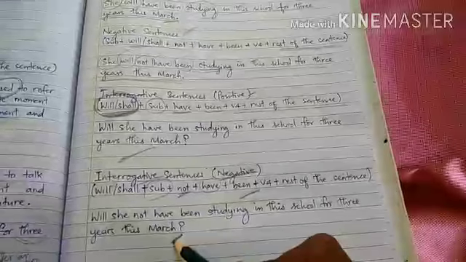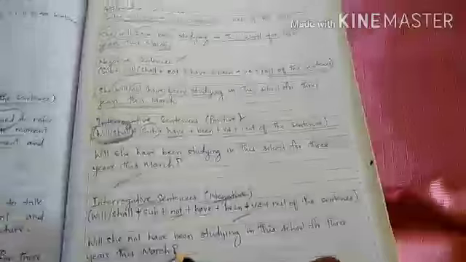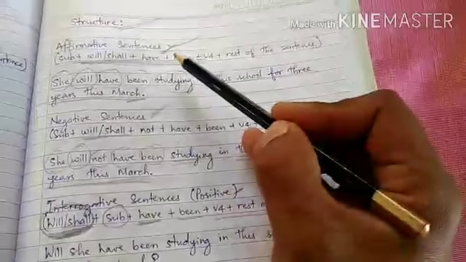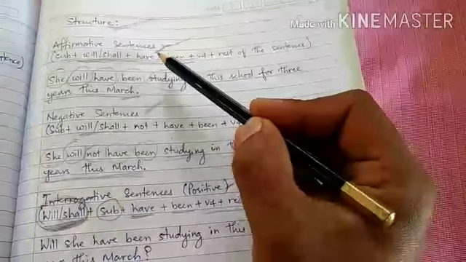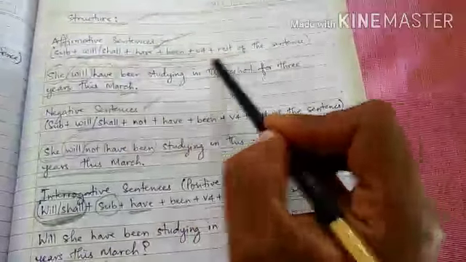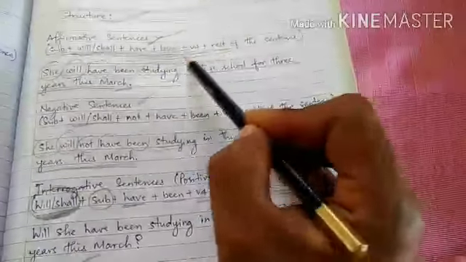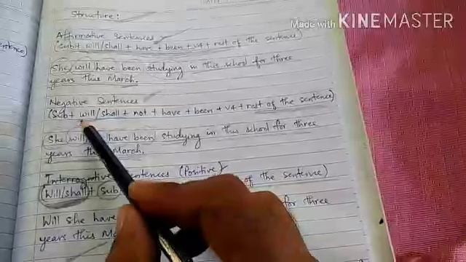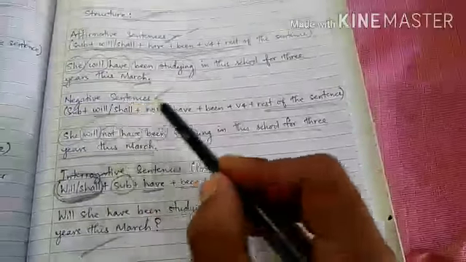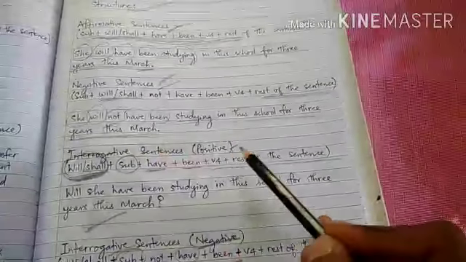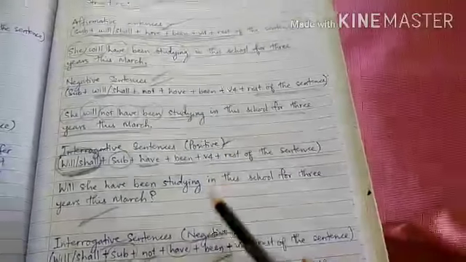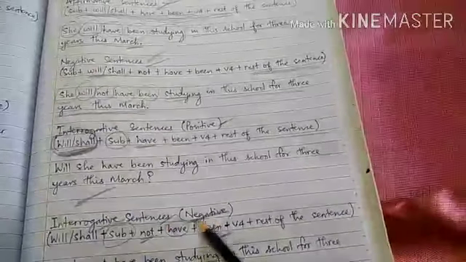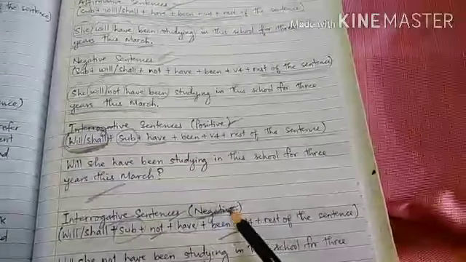Now what you have to do is practice framing. At first you need to practice framing affirmative sentences in the future perfect continuous tense with the help of this sentence structure. And you need to follow the processes of the other structures, how we have framed negative sentences, how we have framed interrogative sentences in positive form, and how we have framed interrogative sentences in negative form in the future perfect continuous tense.